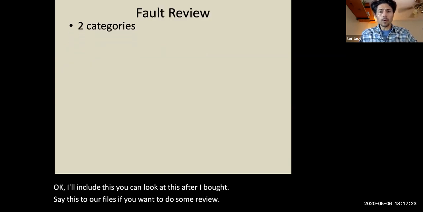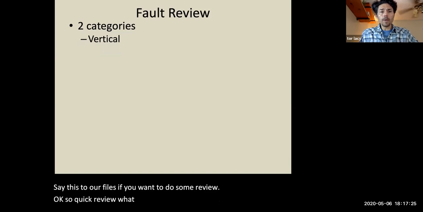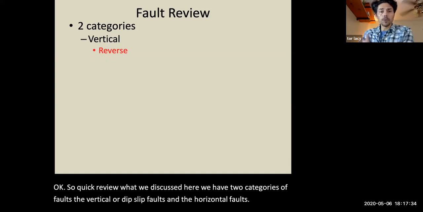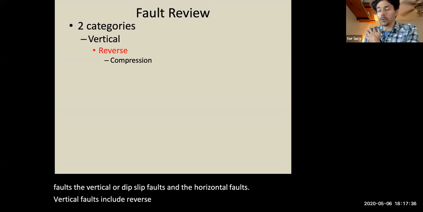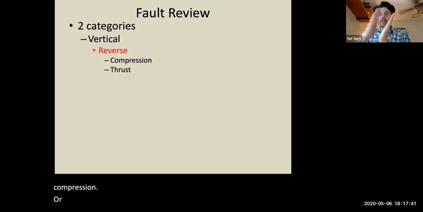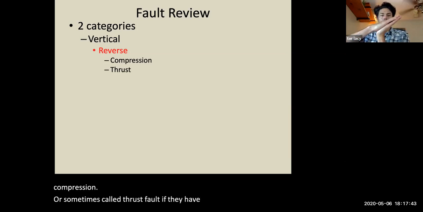So a quick review of what we discussed here. We have two categories of faults, the vertical or dip slip faults and the horizontal faults. Vertical faults include reverse faults, which are always the result of compression. They're sometimes called thrust faults if they have a low dip.